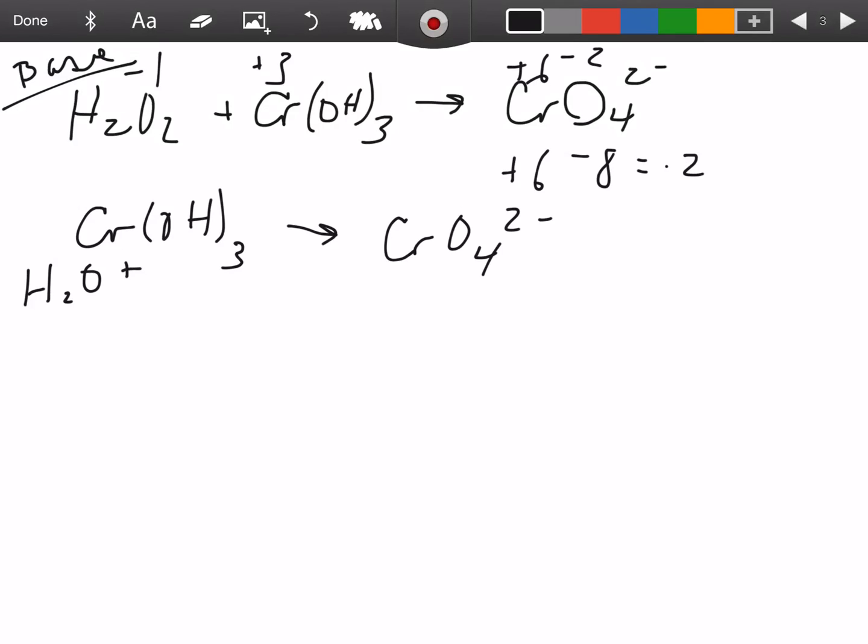So now I've got 4 oxygens on the left and 4 oxygens on the right, and then to balance the hydrogens, I've got 2 hydrogens with the water and 3 hydrogens with the hydroxide, so that's a total of 5 hydrogens. Now I did say that we were going to balance this in a base, but the secret behind balancing a redox reaction in base is to treat it just like an acid, and we'll fix it at the end. All right.